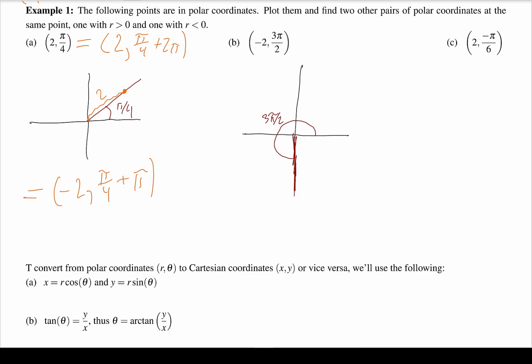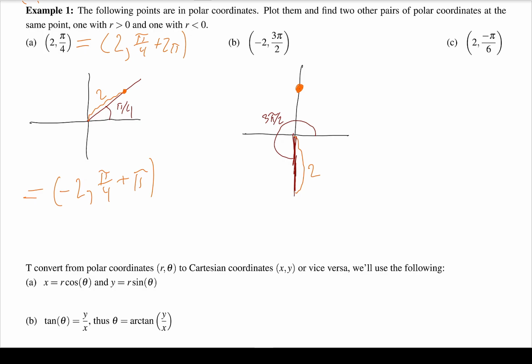And then for our point, we have a -2 radius. So imagine that this right here is length 2. I want to reflect across the origin, so I actually end up here. So if I had +2, it would be right there. But since I have a -2, I have to go in the opposite direction. So I end up right here.